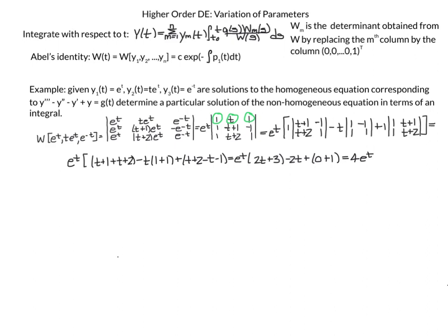So now the question is, how do I figure out what the 2 by 2s are? When I'm looking at this first row, first column element, which is 1, I eliminate the first row and first column, and what I'm left with is the 2 by 2 that we're going to take the determinant of.